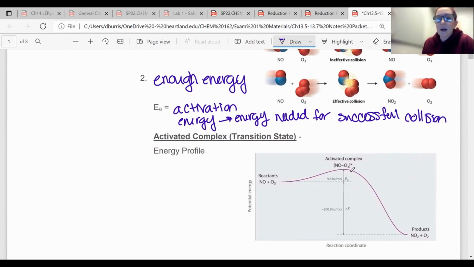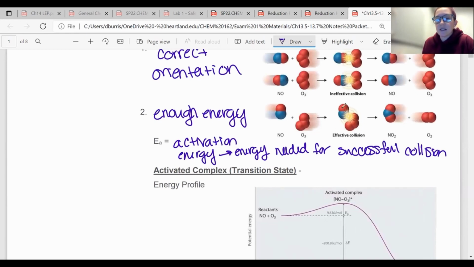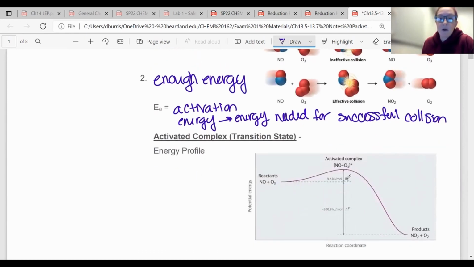Now, this thing where they're bonded represents this effective collision here, not very stable. Eventually those will fall apart and you'll end up with your products, which are NO2 and O2. Notice those are at a much lower energy, much more stable. So the activated complex is the thing you see at the top of the reaction coordinate. That is the complex from collision.